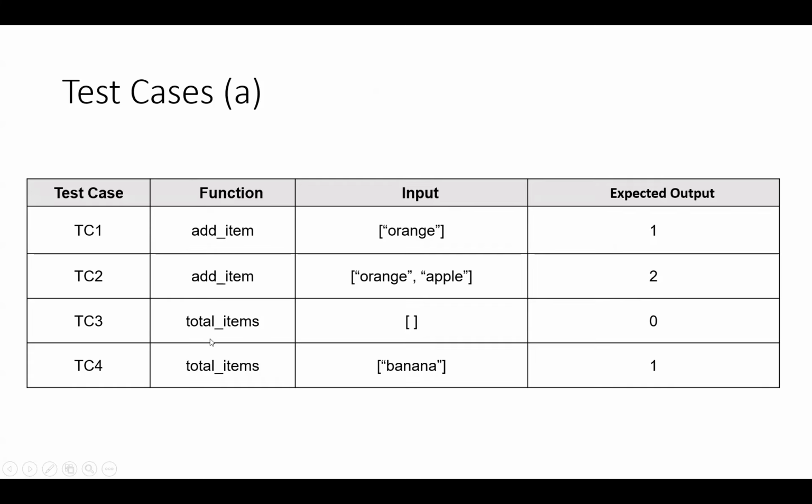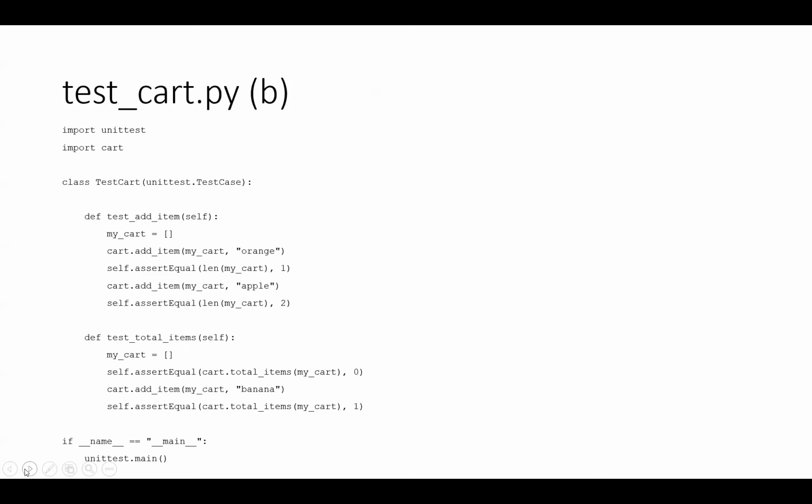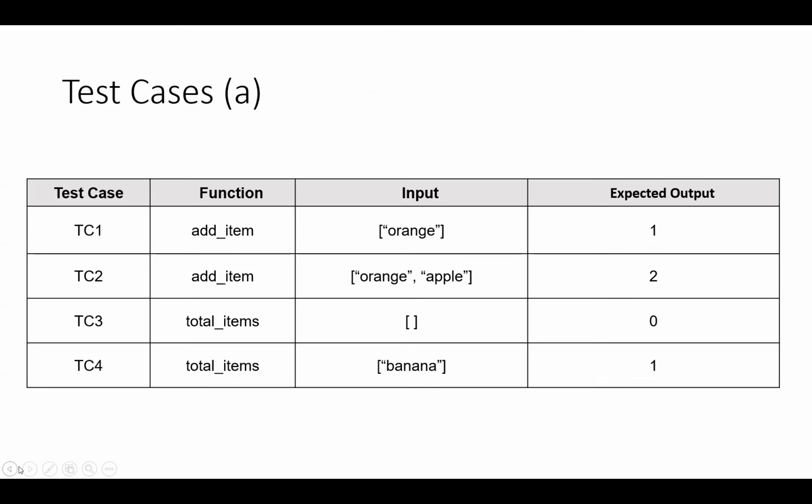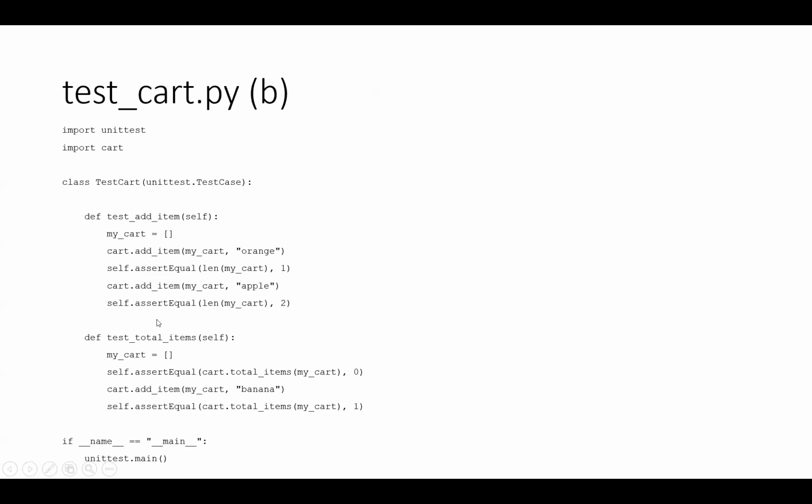For total items, if you do an empty cart, the expected outcome is 0. And if you have an input of 1 item, the expected output is 1. And I'll tell you why. Because the way we're writing the functions here to test it is, after adding an item to the cart, we're going to check the length of the cart to verify how many items there are in there.